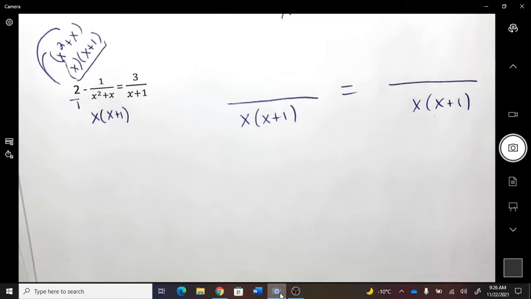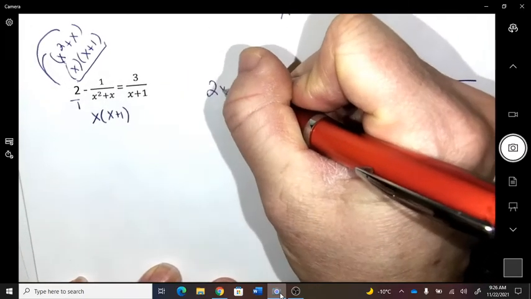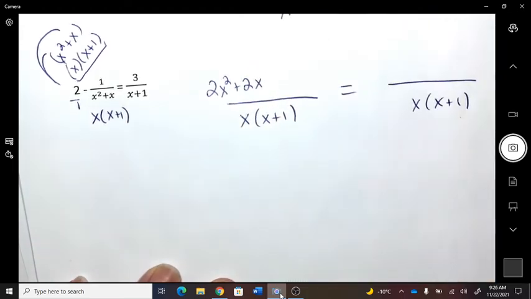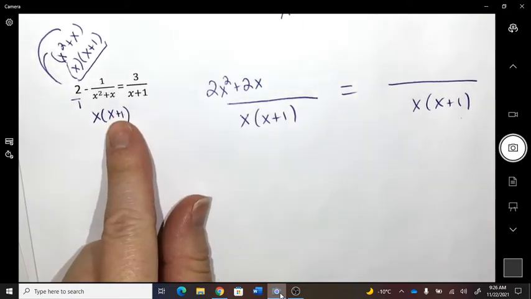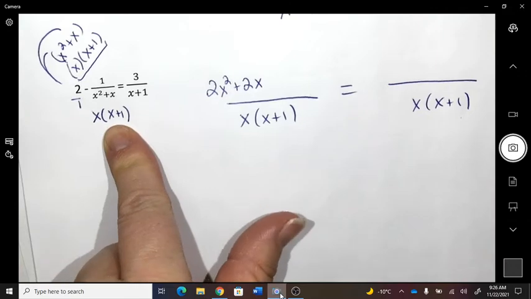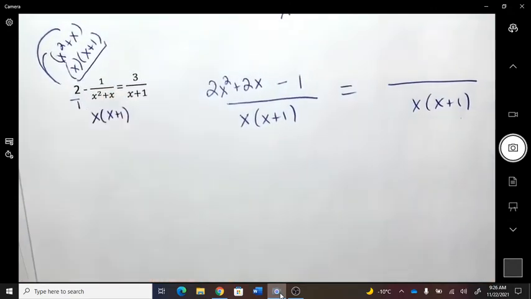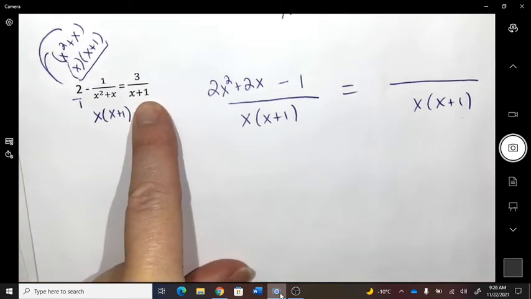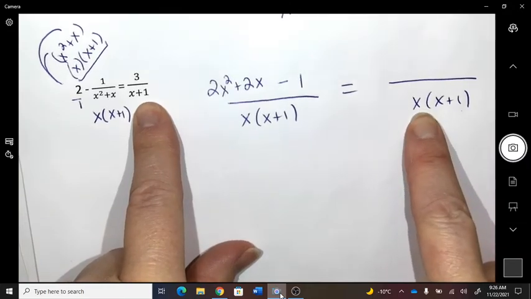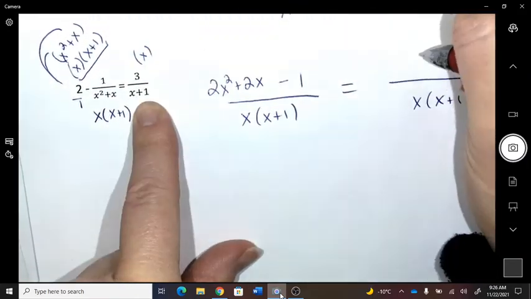So 2x squared plus 2x. Next fraction, that was the bottom, so I did nothing. So the top is just subtract 1. Do nothing to it. Okay, and on this side, x plus 1, I'm going to have to multiply by an x. So 3x.